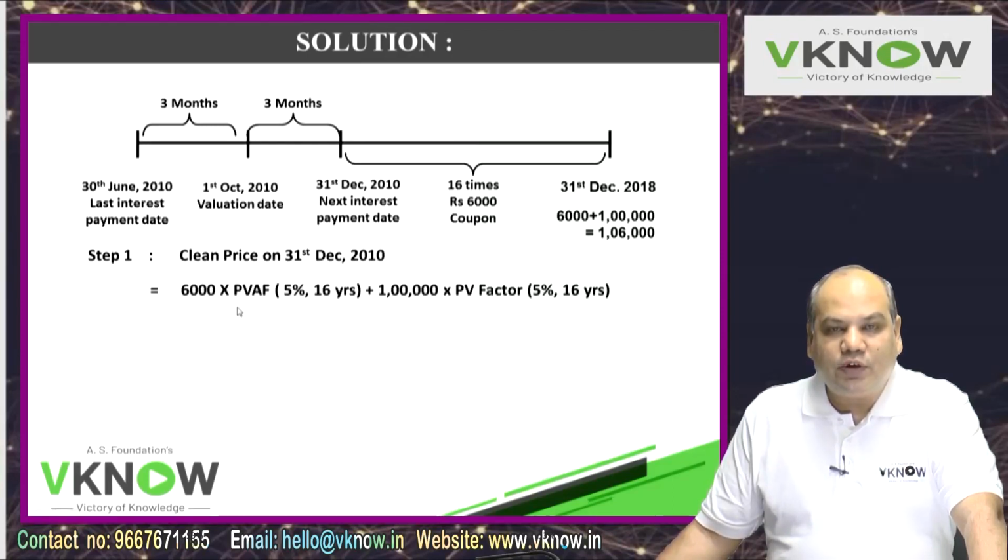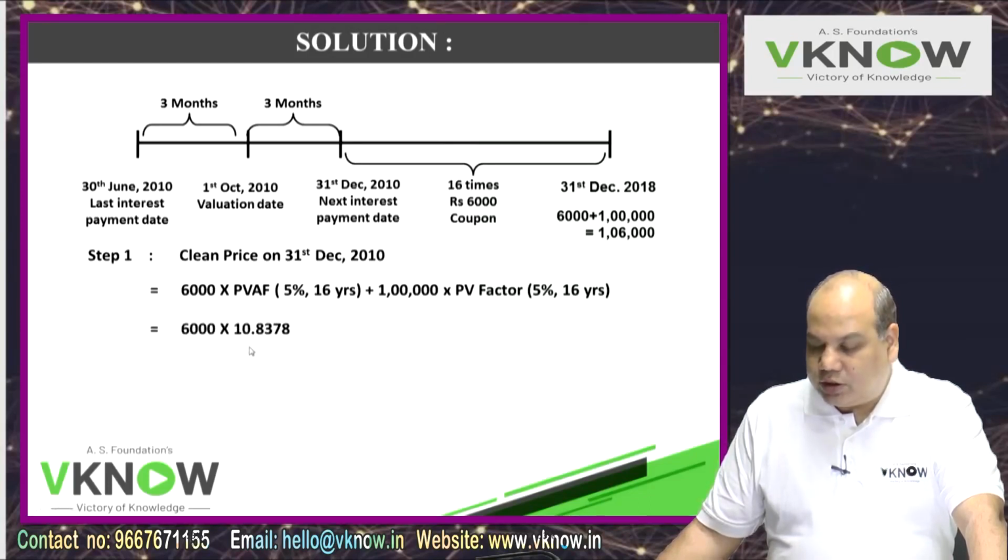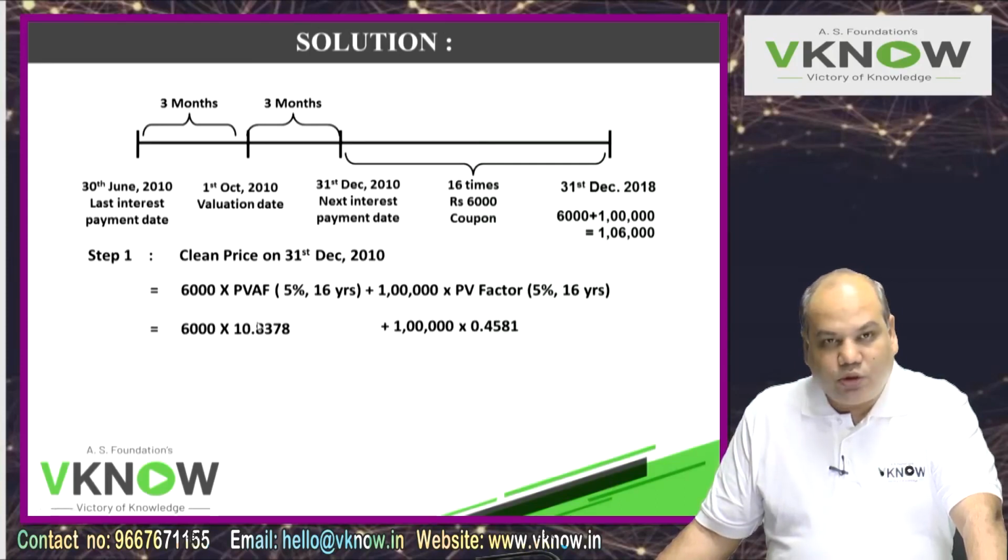Those who have GT function, press equal to 16 times and then press GT function. So you will get a factor like this, 10.8378. Those who don't have GT function, you can use equal to memory plus. 1 divided by 1.05 equal to memory plus 16 times. Then memory recall.